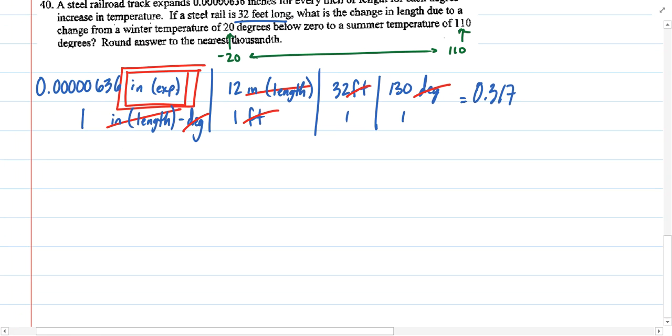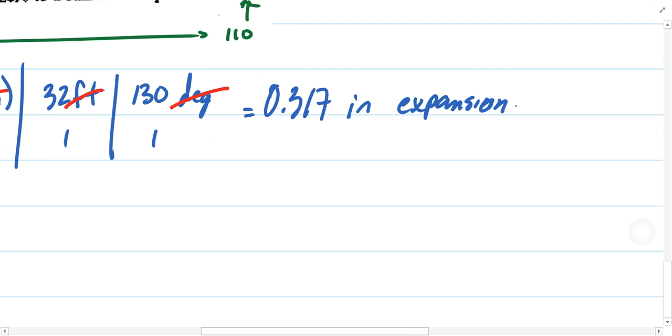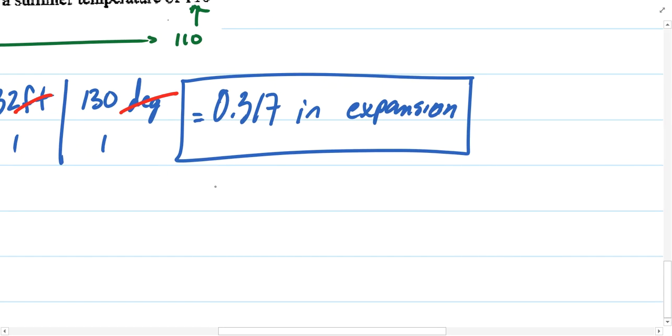And by reviewing the units that were in our t-chart here, I know that this is 0.317 inches of expansion across a 32-foot section and a 130-degree swing in temperature. So I think it's safe to say that if our steel is going to endure those temperature changes for every 32-foot section, we should be prepared to allow for 0.317 inches of expansion.